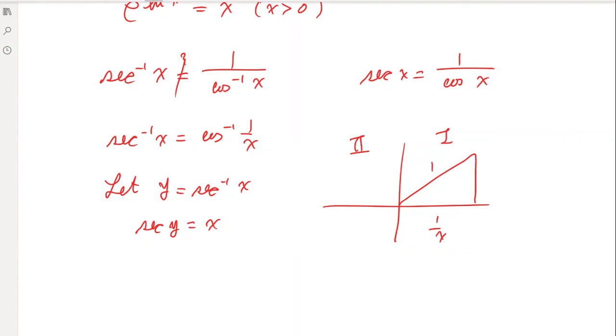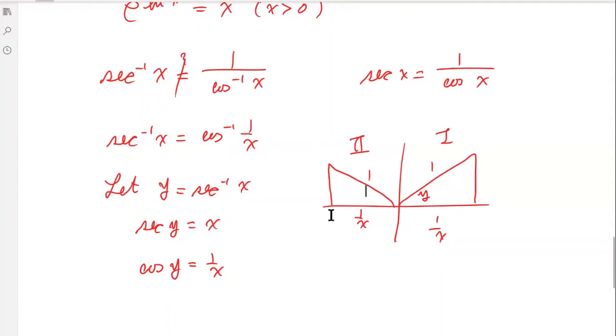See, if y is the angle, remember, secant of y is this side over this side, which gives you x. However, if you take cosine of y, does that give you 1 over x, right? Cosine is this side over that side. And if x becomes negative, then it extends to this side now, doesn't it?